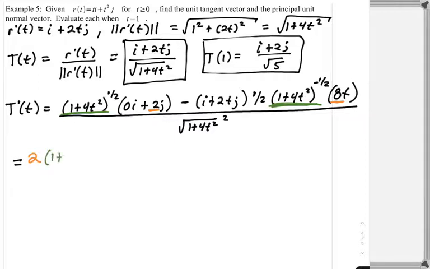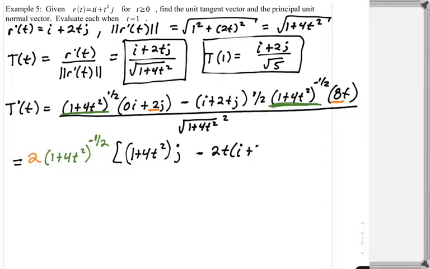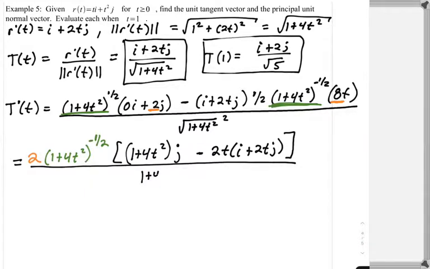When we do that, we're going to have 1 plus 4t squared, and that's going to be a j component, minus 2t times (i plus 2t j), and that's all going to be over (1 plus 4t squared) squared, so that would just be 1 plus 4t squared.